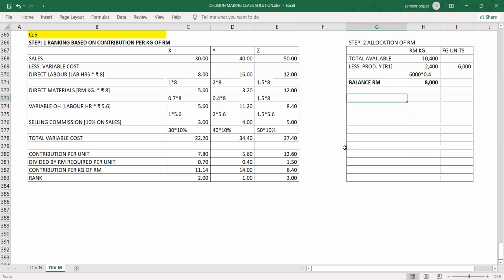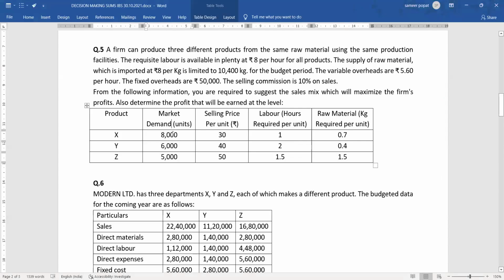Now after rank 1, we are going to manufacture rank 2. Rank 2 is product X. Okay, so let us use material for rank 2. Product X, that is rank 2. Now demand for product X is 8,000 units, and each unit consumes 0.7 kg of raw material.